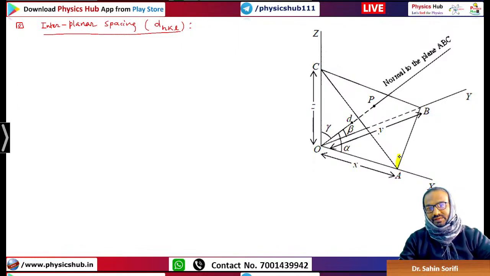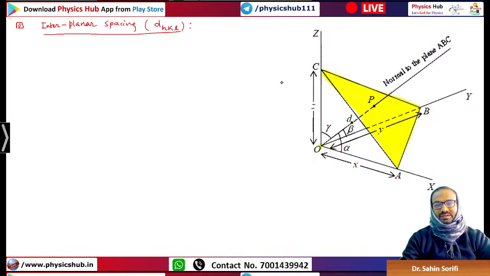ABC is the lattice plane, let's say, and as you can see, it is cutting the XYZ axis, means the intercepts on the X, Y, and Z axis are A, B, and C, respectively. We have to find the distance D, which is taken from this point O to this point P on the plane. Okay, this distance D we have to consider.